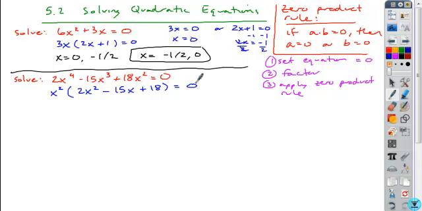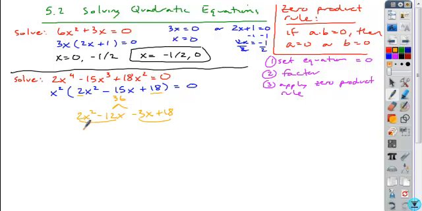And now you have this trinomial. The leading coefficient is something other than 1, so you either reverse FOIL or you rewrite the middle term. Okay, so I'm going to go through the steps for rewriting the middle term. Take my leading coefficient times my constant. 2 times 18 is 36. What two factors of 36 give you a sum of negative 15? Minus 12 and minus 3. So if I rewrite my middle term as those, drop my first and last terms down, and factor by grouping.